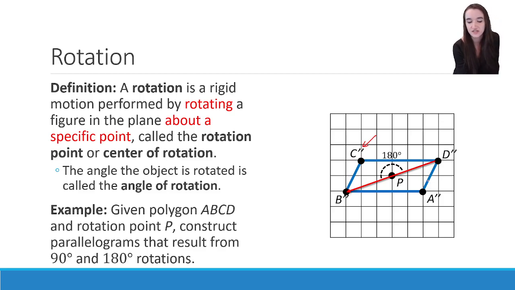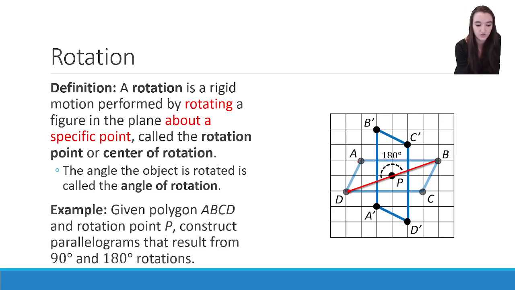That's how you would say it. This is just a way of marking that A has been moved, so the original A has now been moved over to this point. So it's not the exact same shape, it is a new or moved version of the shape. We want to mark where the point A moved to, even though it looks as if the shape itself hasn't moved at all.